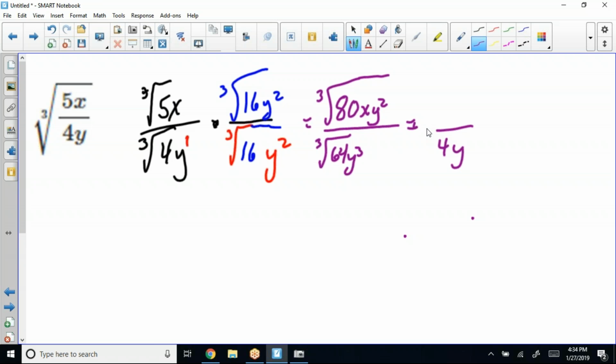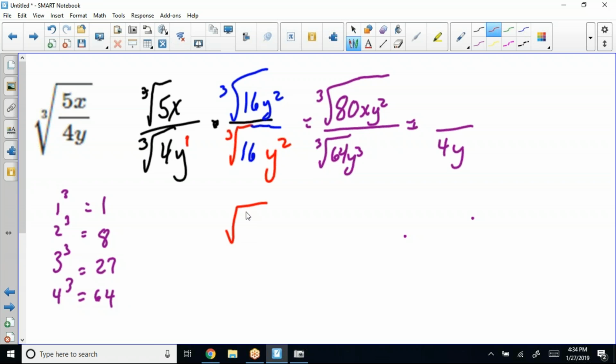So, can I find something that will go into 80 that's a perfect cube? Let's just do it right here. That's 1 cubed, 2 cubed, 3 cubed, 4 cubed. So that's 1, 8, 27, 64. 8 will, right?